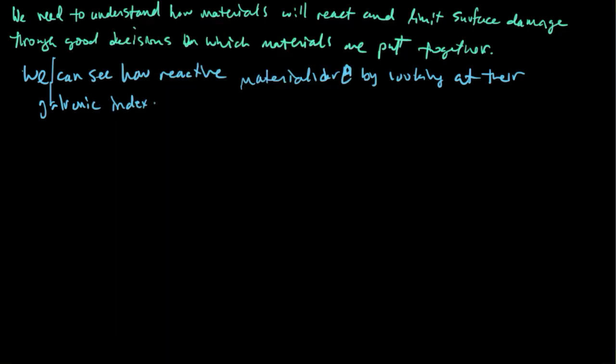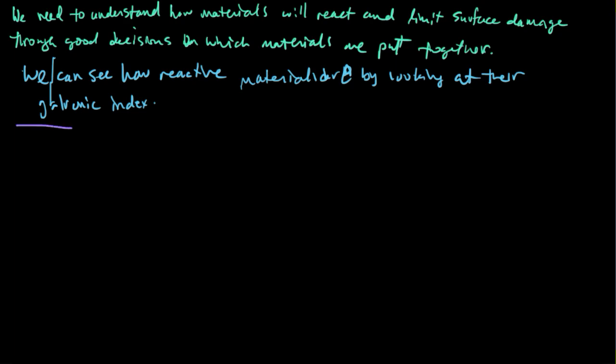So that's a basic intro to two types of surface damage, which is corrosion and oxidation. So oxidation can actually help us when we're talking about aluminum in some cases. It can actually hurt us when we're talking about iron oxide.